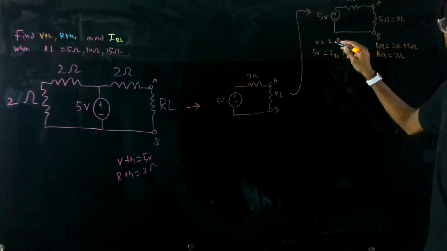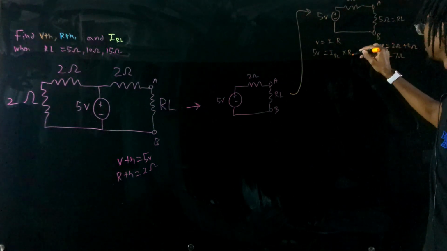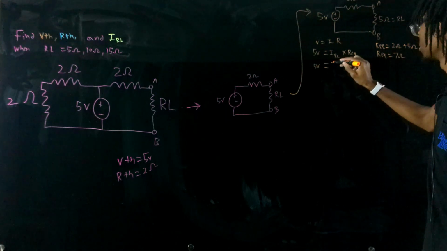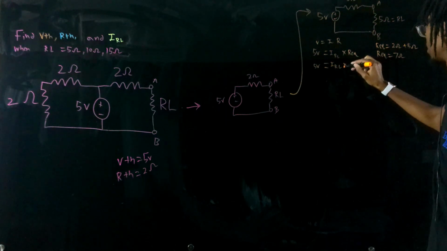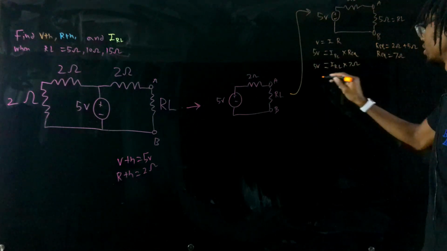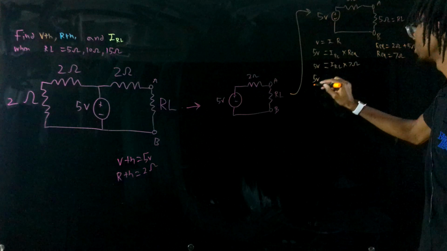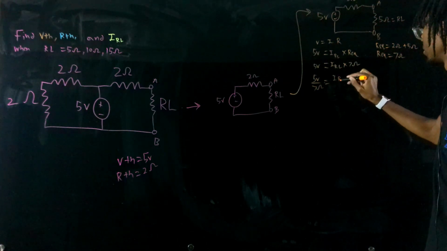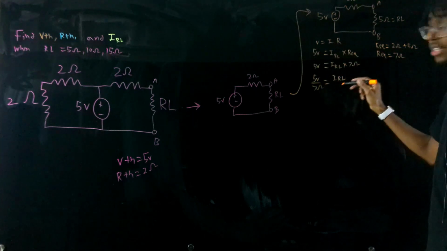And we're going to place this REQ here, and then we'll rewrite it. 5 volts equals IRL times 7 ohms. And then we'll rearrange to get 5 volts over 7 ohms equals IRL. And this will be our answer.